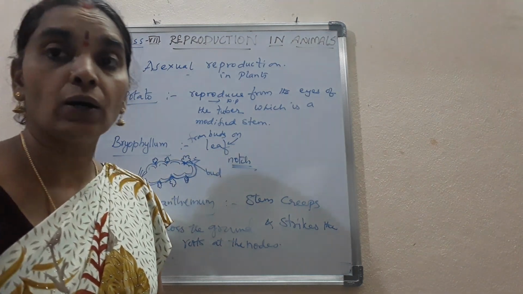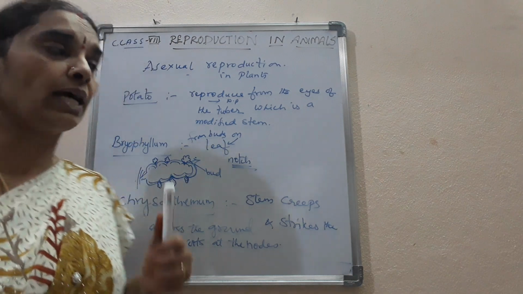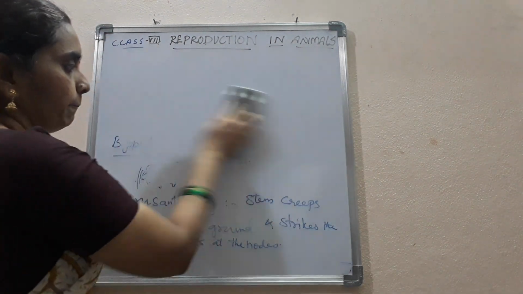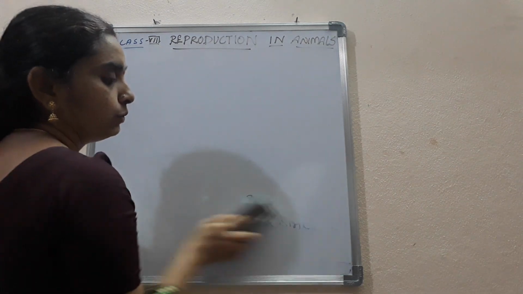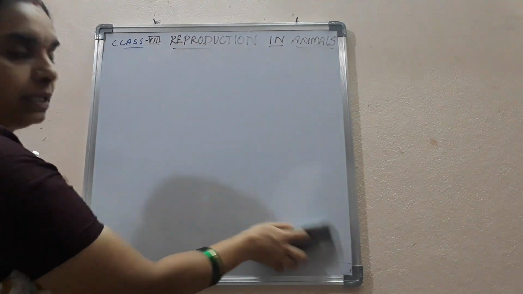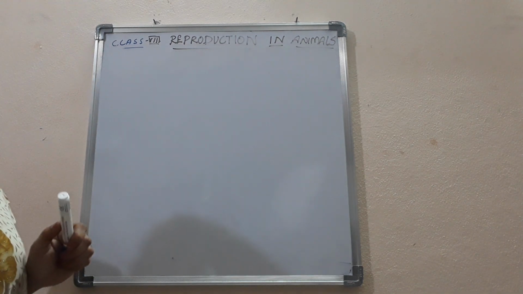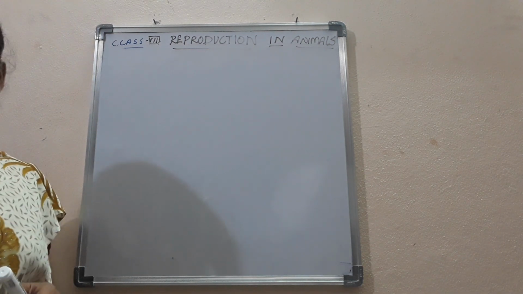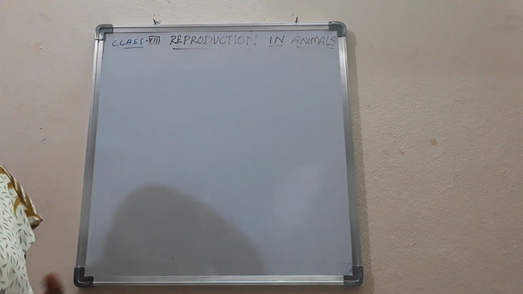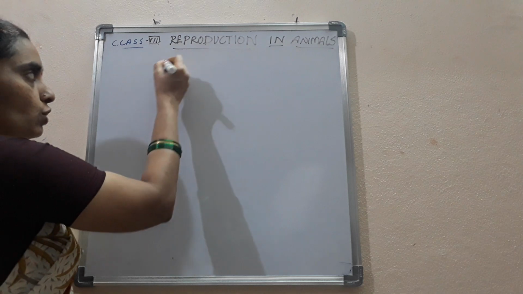So unicellular and multicellular animals, you know it, isn't it? Unicellular animals, you know amoeba. Amoeba is a unicellular animal, isn't it? So amoeba, hydra, which is multicellular. How do they reproduce? They reproduce by asexual modes.